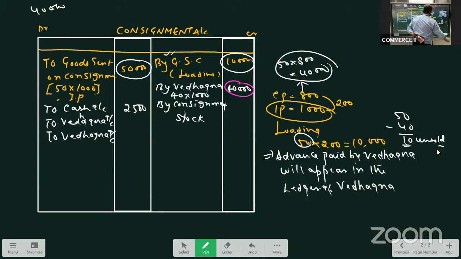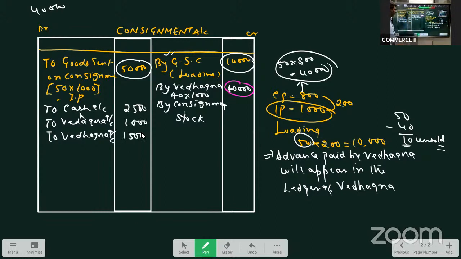So we have to do the valuation of unsold stock, right? Then what is the commission paid? Commission payable is 1,500. So we'll take that here. What are the expenses incurred by Vedagna? Selling expenses are 1,000 and commission is 1,500.